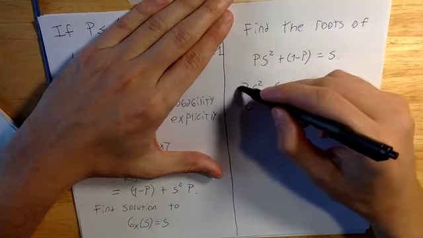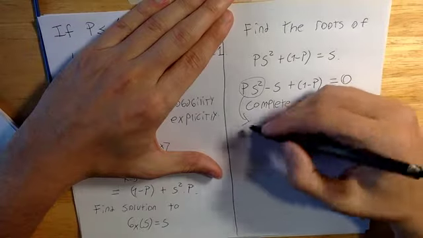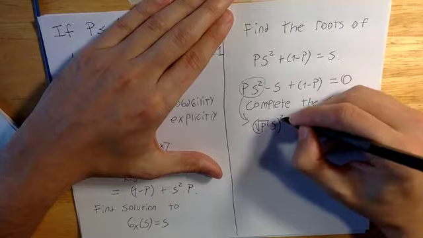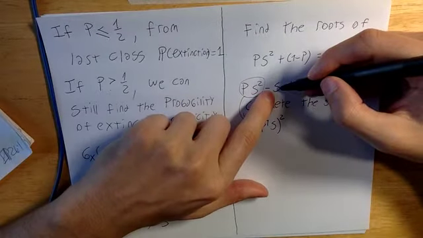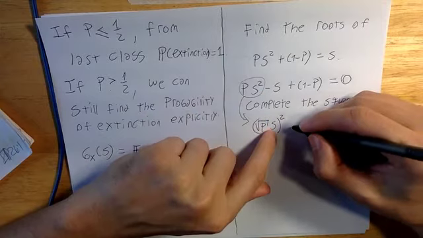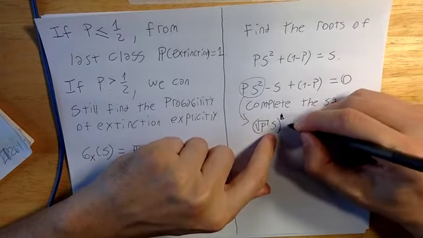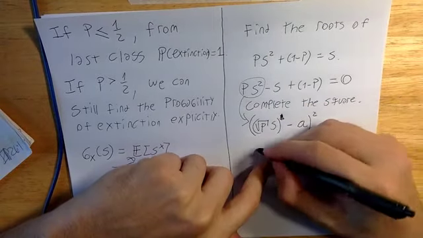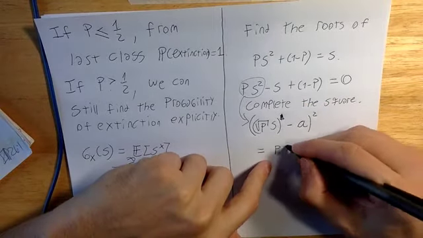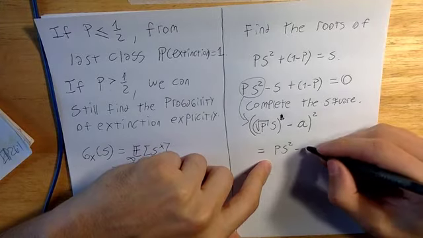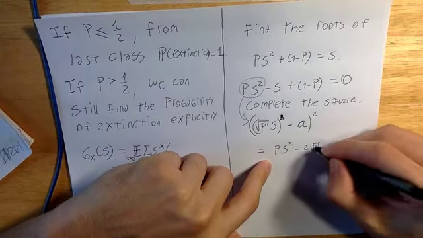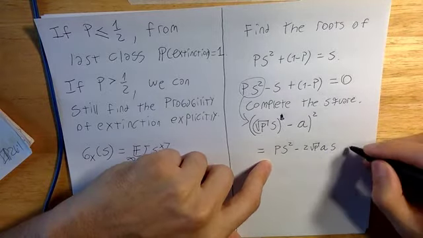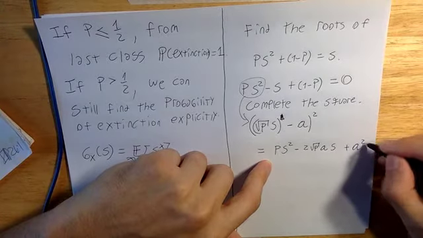So here, this is the square root of p times s, squared. And then if we put this minus a number a, squared, this is going to be p s squared minus 2 square root of p times a times s plus a squared.